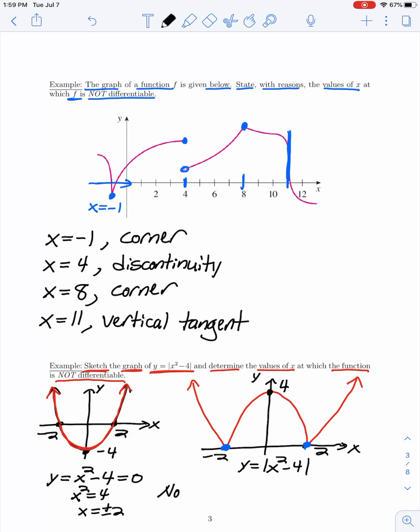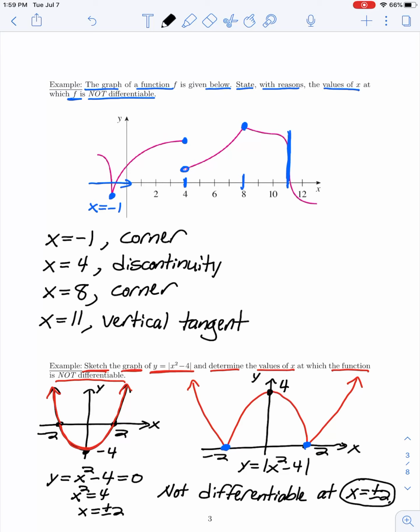So it is not differentiable at x equals plus or minus 2. These were the values of x that we were asked for in the problem.